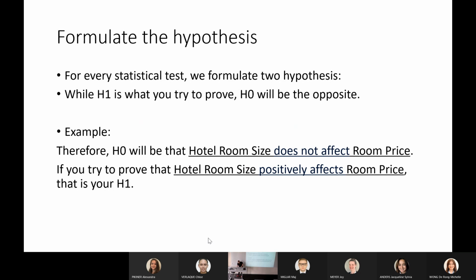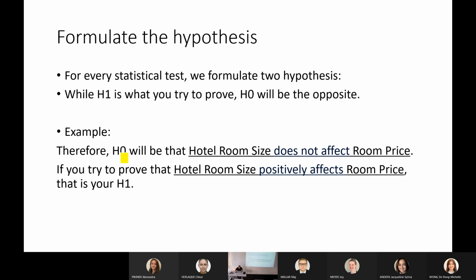And H1 will be set to prove the opposite. It's very important to set the H0 and the H1 correctly, because in a later phase that will be crucial to either confirm or reject H0 in favor of H1.